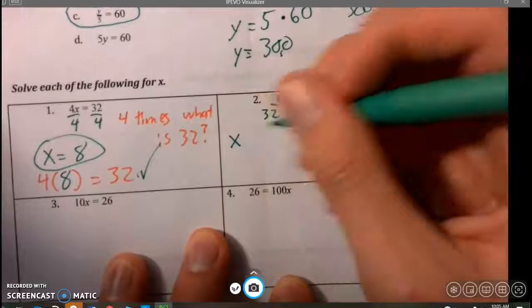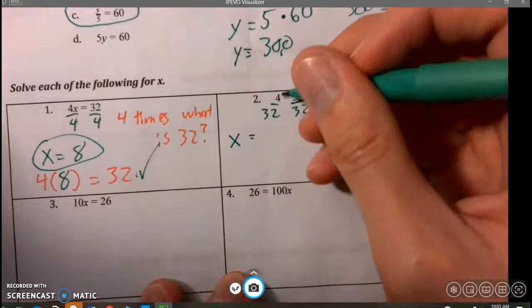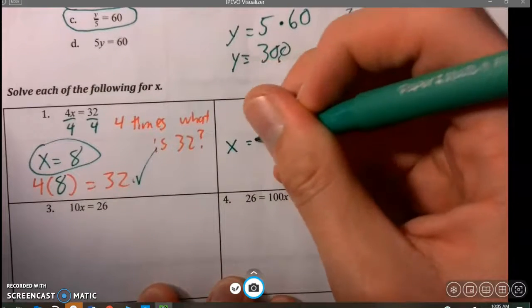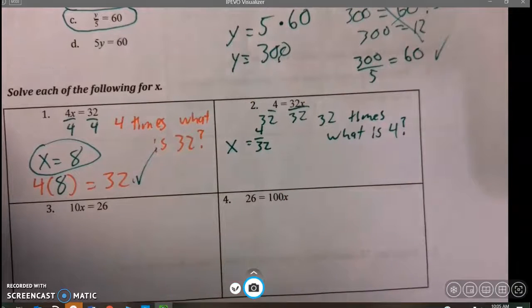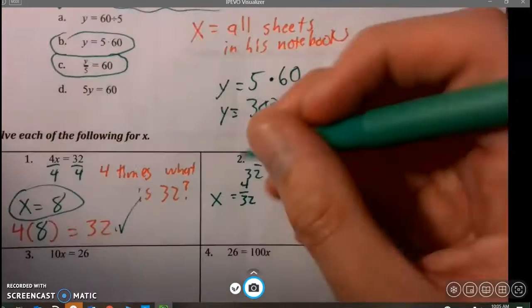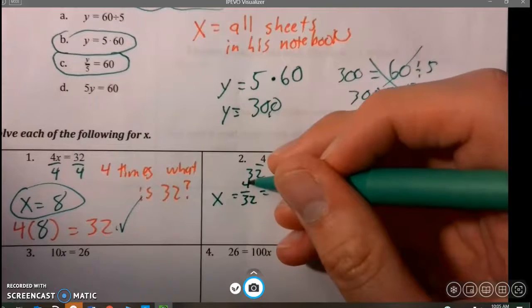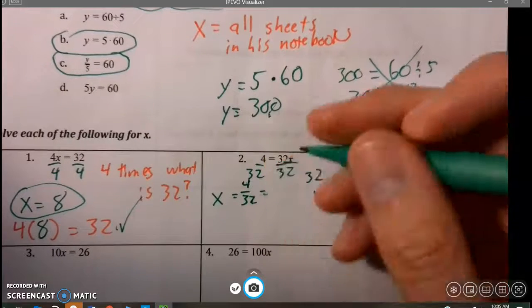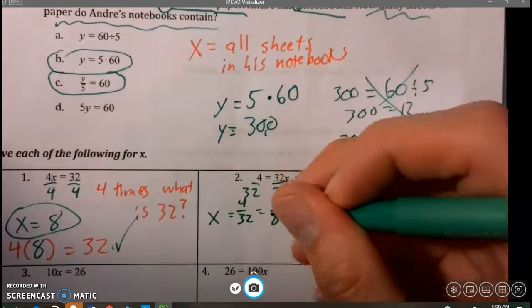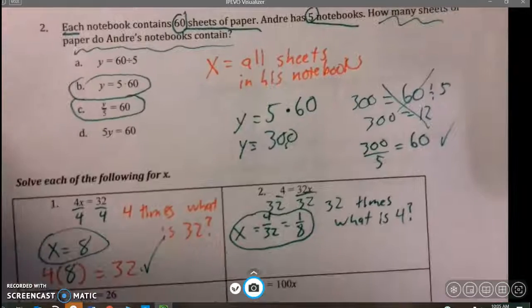And so I would get x equals, 32 can't fit into 4, so you could just leave your solution as a fraction, as 4 over 32. And if you simplified that, the GCF here is 4. This can be divided by 4, and this can be divided by 4, and you would get the solution 1/8. Okay, so x equals 1/8.